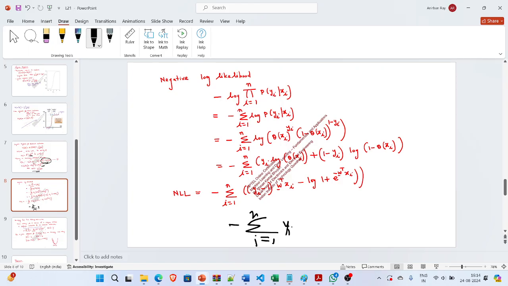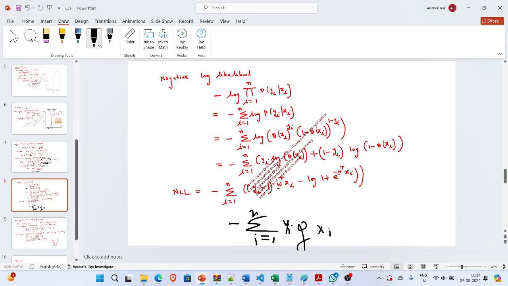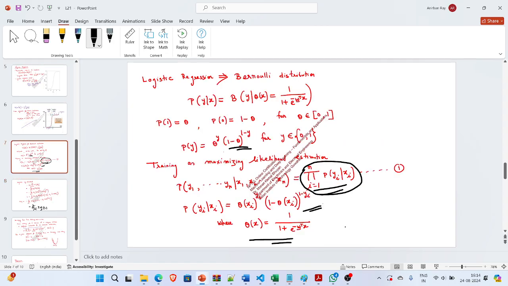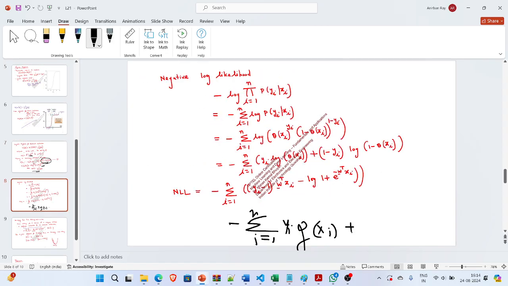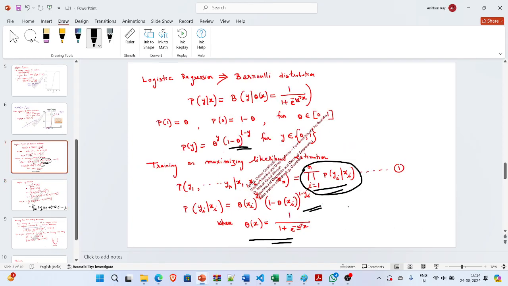Usually g is used: yi log g of xi, and then plus 1 minus yi, log of 1 minus g of xi. So this is the usual loss function for our logistic regression.